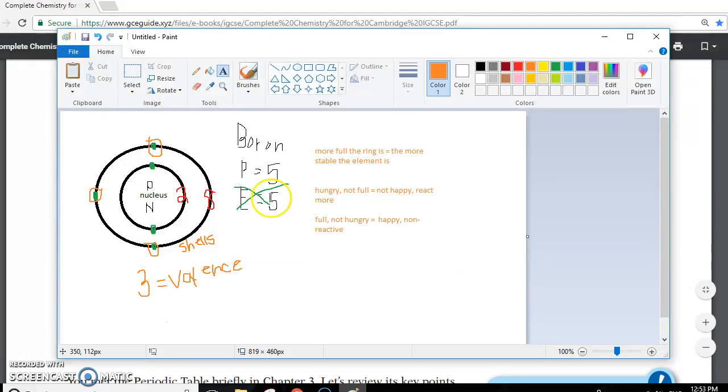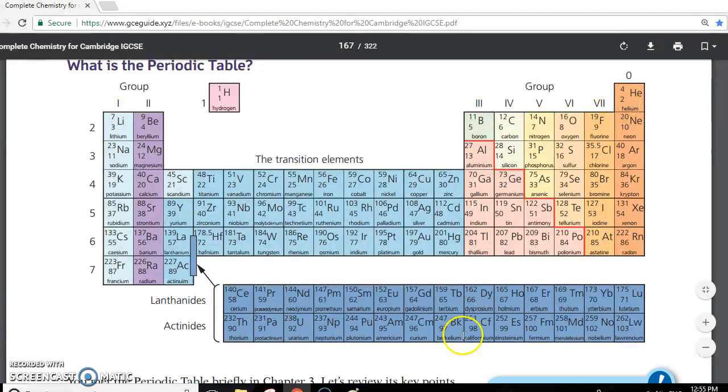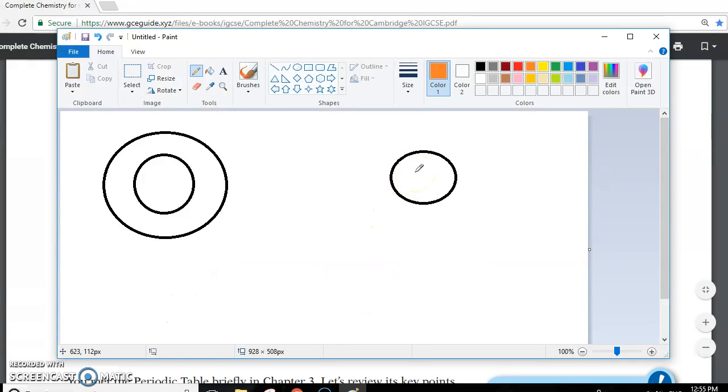So let's talk about helium. I'm going to erase. Okay, so helium has 2 protons. Remember, we used the smallest number. And if it has 2 protons, this is helium. Look, I'm using the symbol. I'm learning from my mistakes. Okay, so if it has 2 protons, that means it also has 2 electrons.